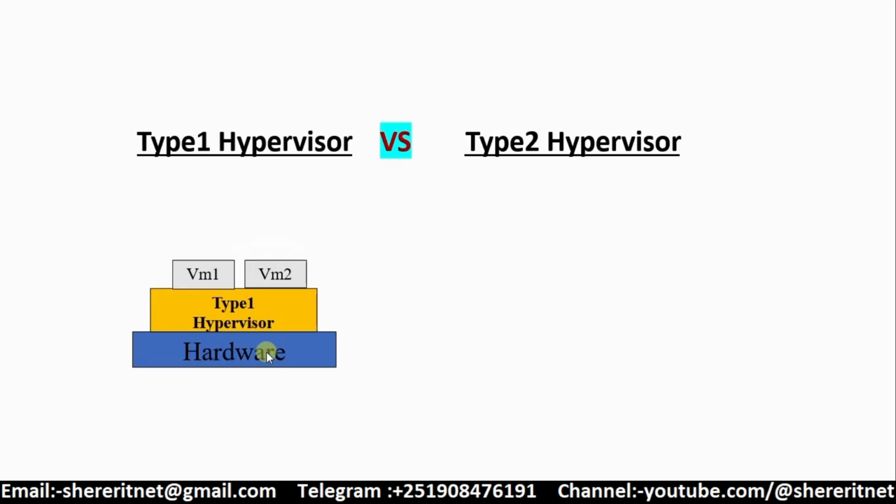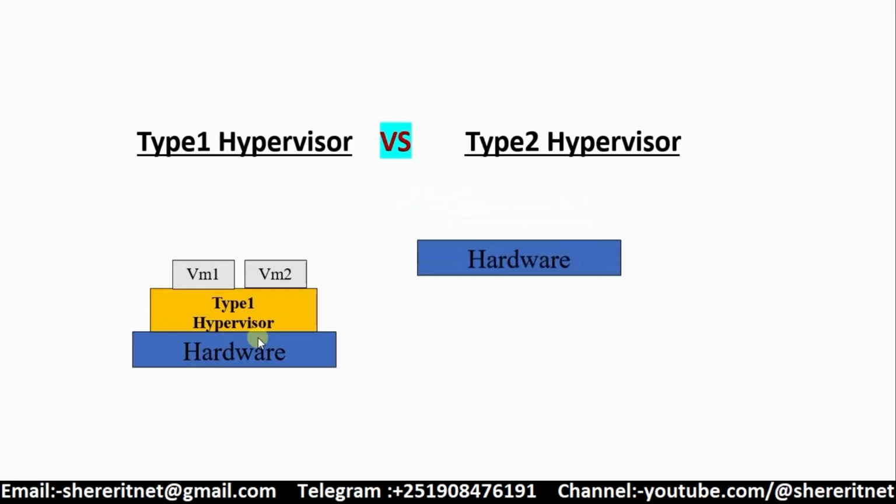How many virtual machines can we install on this machine? That completely depends on the amount of hardware we have. The more RAM and the better CPU, the more virtual machines we can run. So that completely depends on the specification of our underlying hardware.